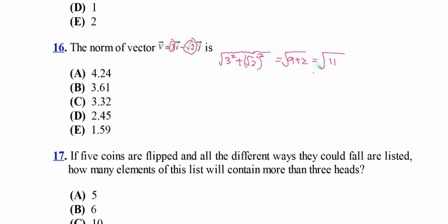Okay. So square root 11 will give you the value of equal to 3.32. Okay. Mistake made is here. Instead of square root 2, you put a 2. That's why the answer is incorrect.